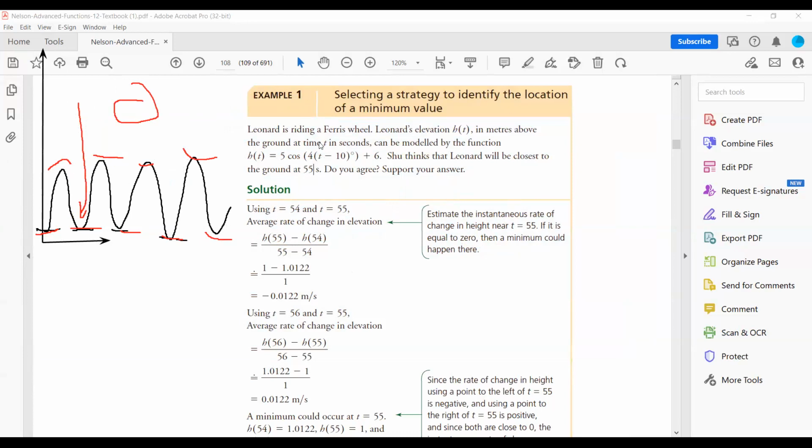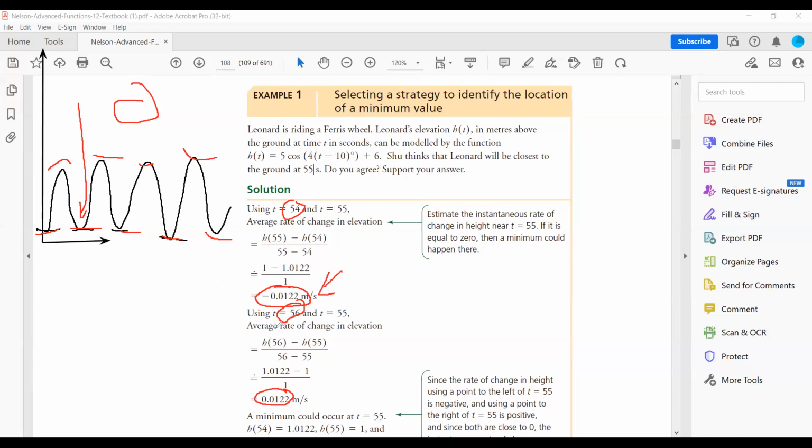So which point in time should we choose to estimate the instantaneous rate of change? I personally would choose 54 seconds and 56 seconds. So I evaluate the average rate of change to the left and right hand side. And then you can see that the average rate of change is getting close to 0. Here into negative and here into positive.